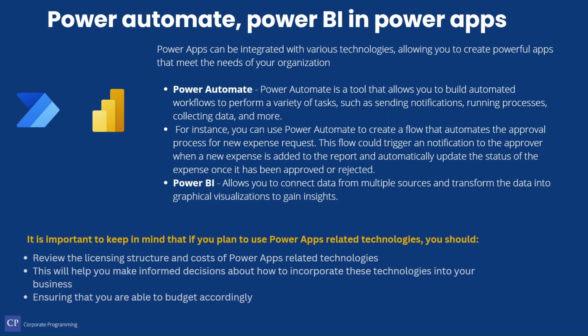Power Automate and Power BI in Power Apps. Power Apps is compatible with various technologies, enabling you to create robust apps that meet the needs of your organization. By interacting with these technologies, you can enhance the capability of your apps and build solutions that address a wide range of business challenges. Power Automate is a tool that allows you to build automated workflows to perform a variety of tasks such as sending notifications, running processes, collecting data, and more.